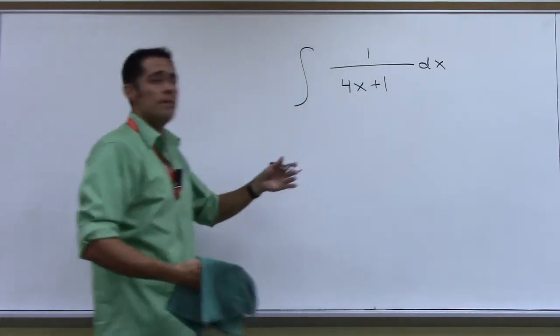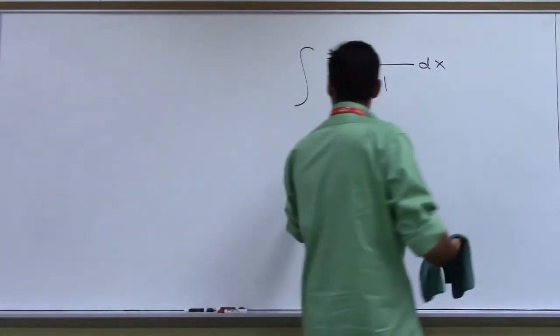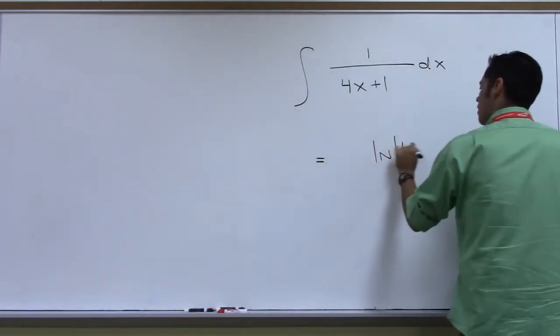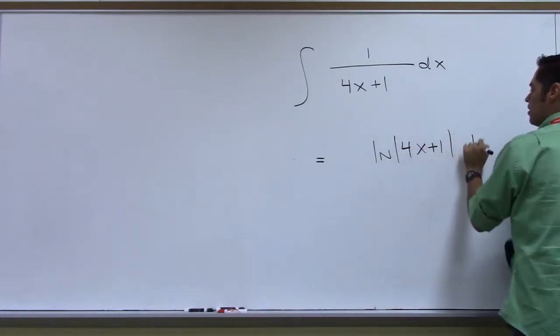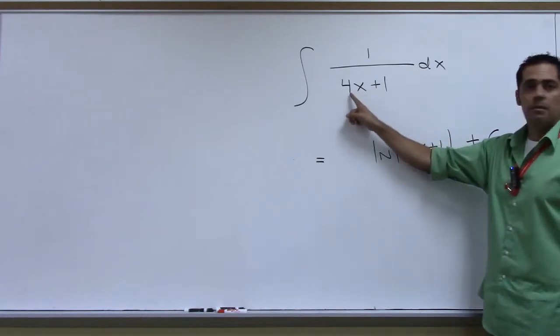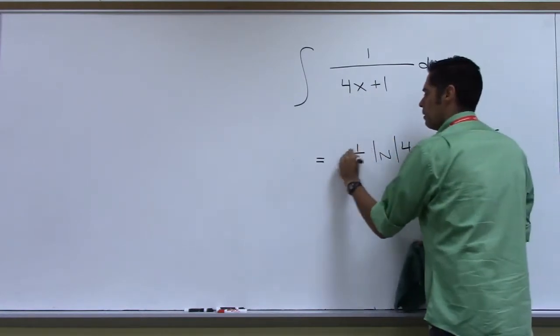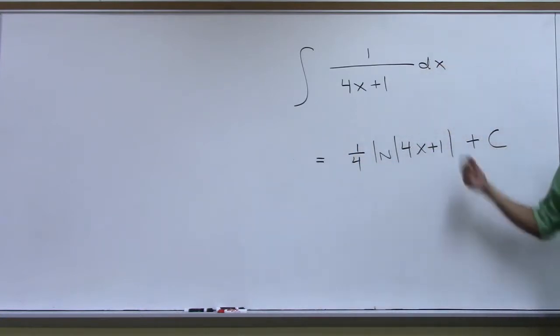Do you know the antiderivative of 1 over u? Natural log, right? So this is probably natural log of 4x plus 1 plus a constant. However, the 4 was my a, and so I need to put a 1/4 in here. And you can check it, take the derivative, you'll get this back.